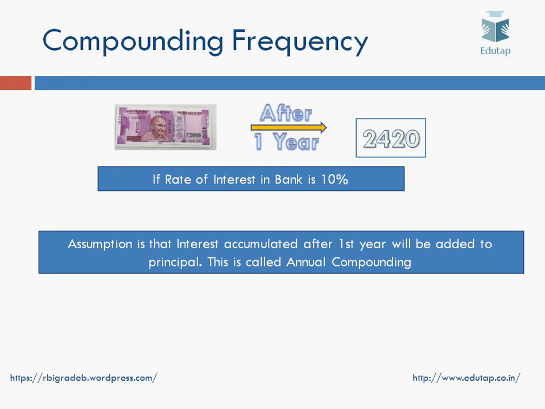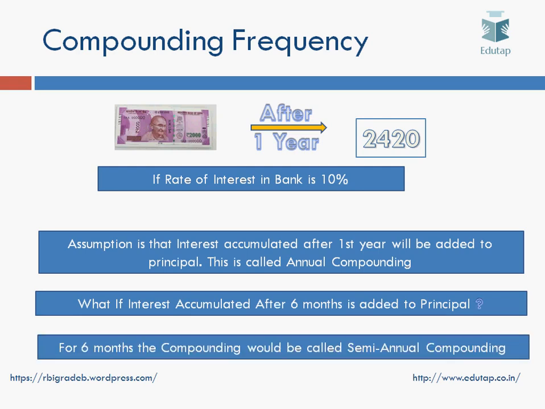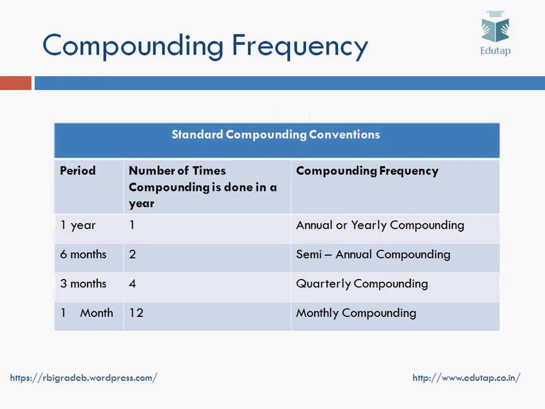This is called annual compounding because we are adding the interest to the principal after 1 year. It means the compounding is annual. But what if the interest is accumulated after every 6 months and is added to the principal? This is basically called semi-annual compounding. Well, let's discuss in detail about compounding frequency.